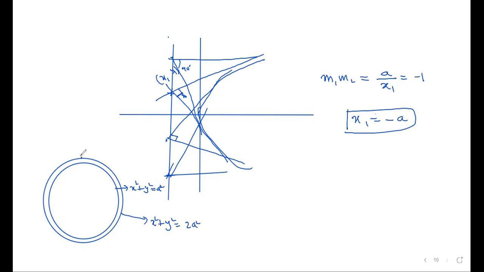And if I take a point on this circle and draw tangents to the inside circle, they will be perpendicular. Did you understand that?